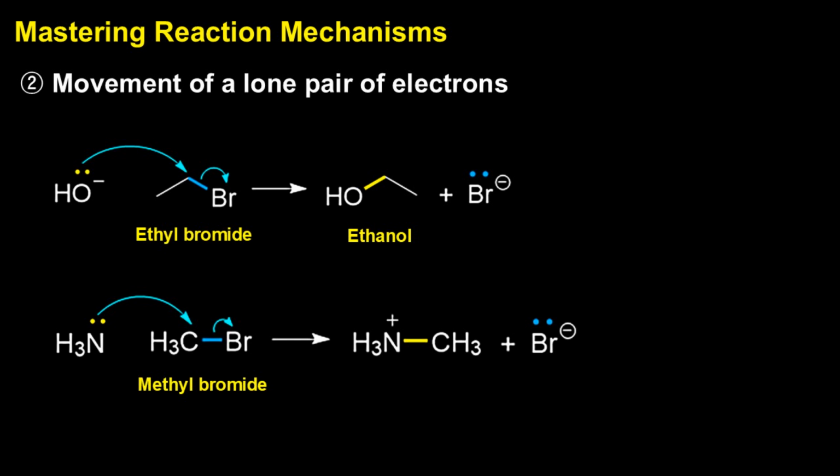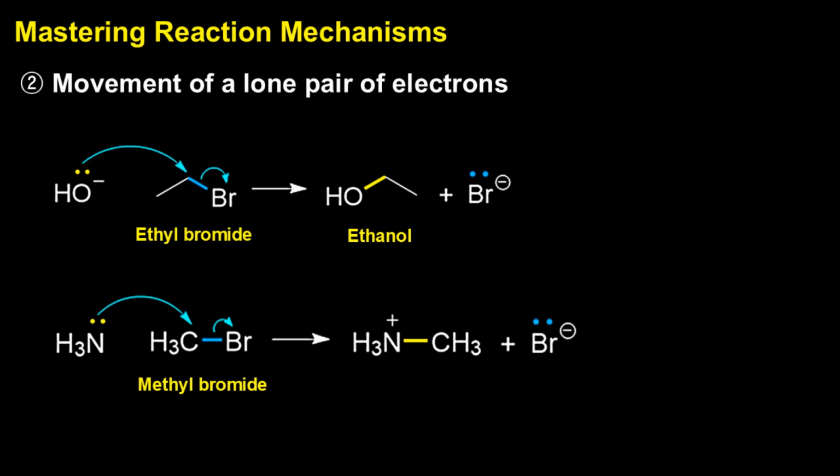So how do the electrons actually move in these reactions? Let's break it down. The nucleophile donates its lone pair to the electrophilic carbon, and you'll see a curved arrow from the lone pair to the carbon. At the same time, another arrow shows the carbon-leaving group bond breaking, with electrons shifting onto the leaving group. Back to the hydroxide example. The lone pair on oxygen attacks the carbon, pushing the electrons in the C-Br bond onto bromine.